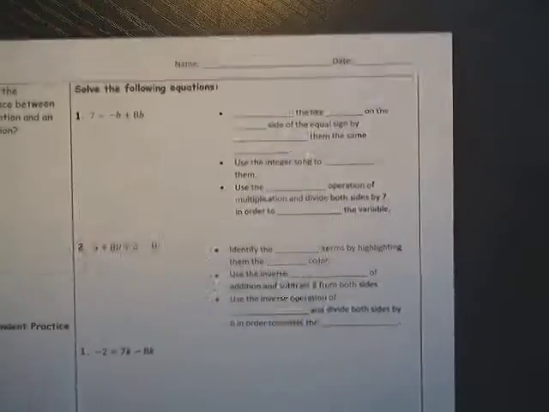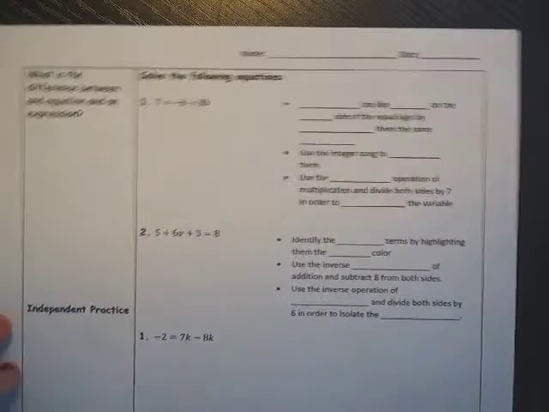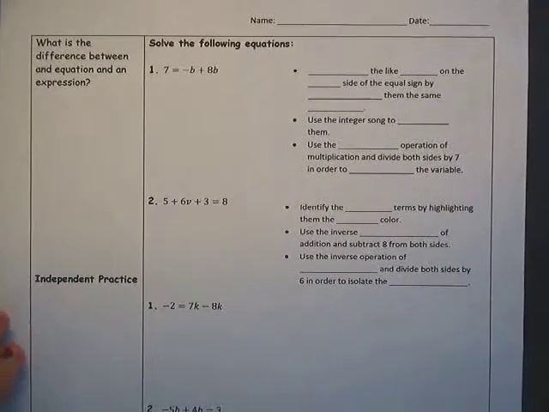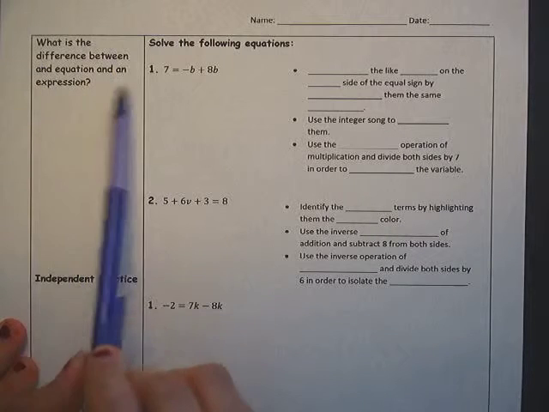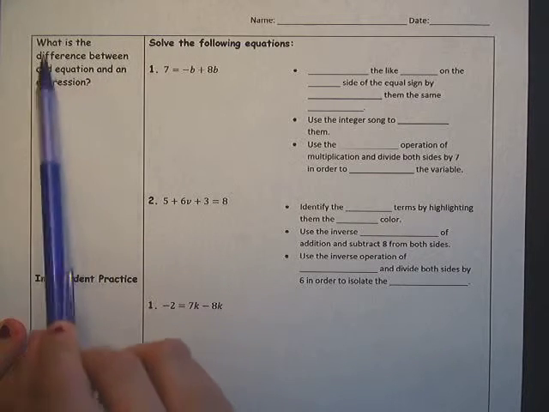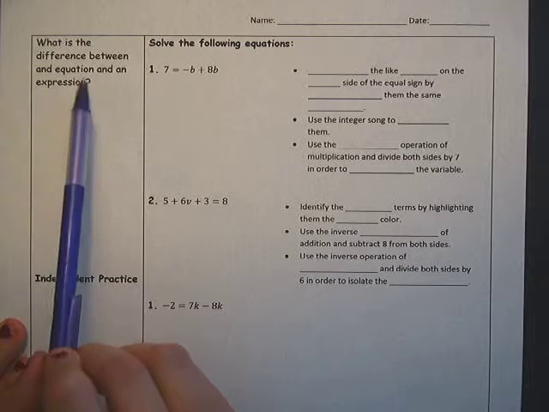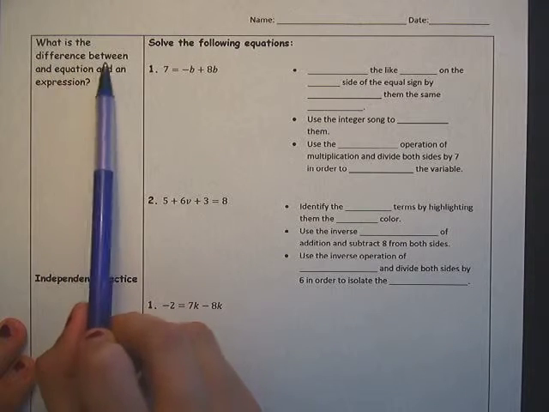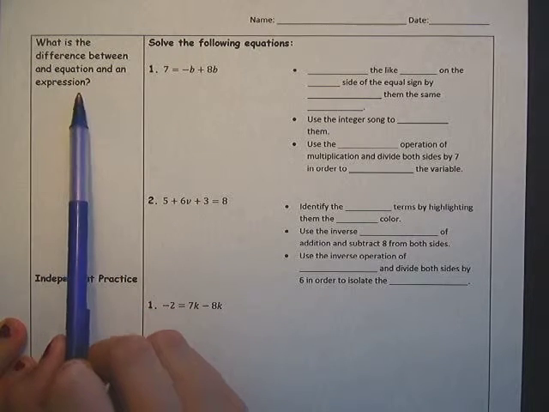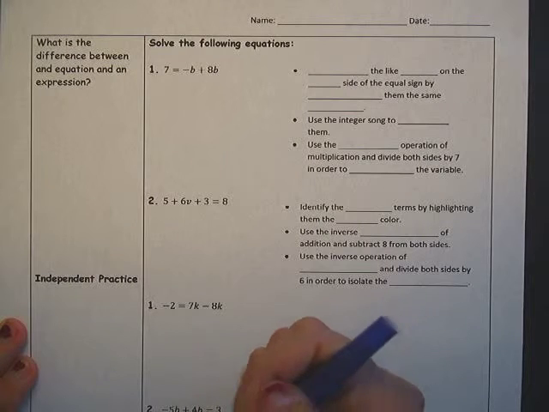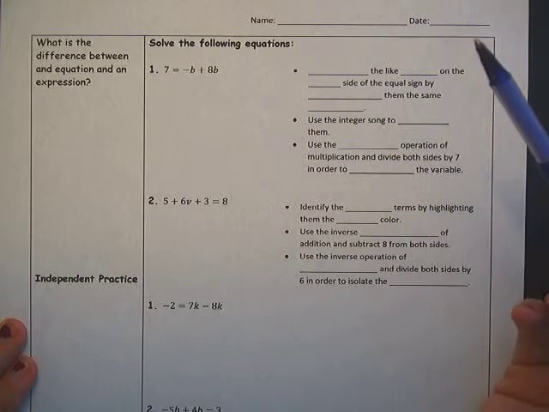Alright, so the next part of these notes is solving equations involving like terms. So you'll notice I wrote a question here, and there are many things that you can write here, but this is just one example. I wrote, what is the difference between an equation and an expression? You'll notice in the previous example we were dealing with expressions, we are now dealing with equations.